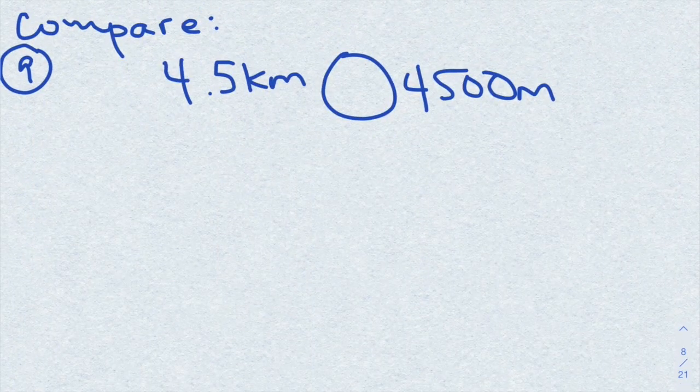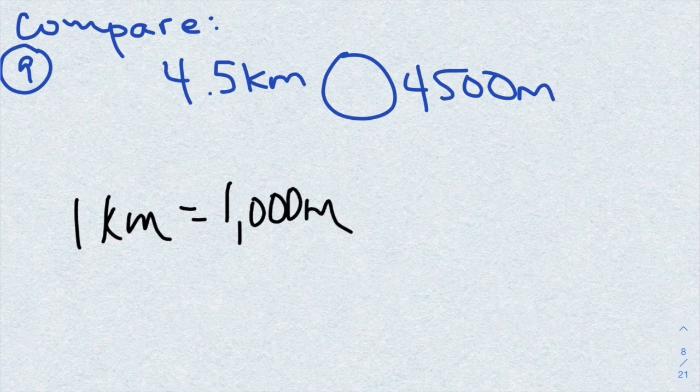Okay, this is a comparison problem. 4.5 kilometers to 4,500 meters. So I have to remember that 1 kilometer equals 1,000 meters. So that means that I need to change my meters into kilometers. So one way I can do this is with a unit multiplier.